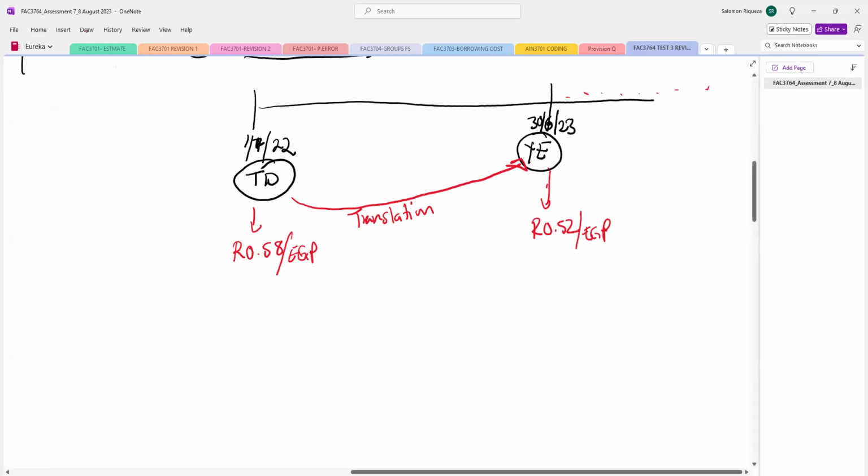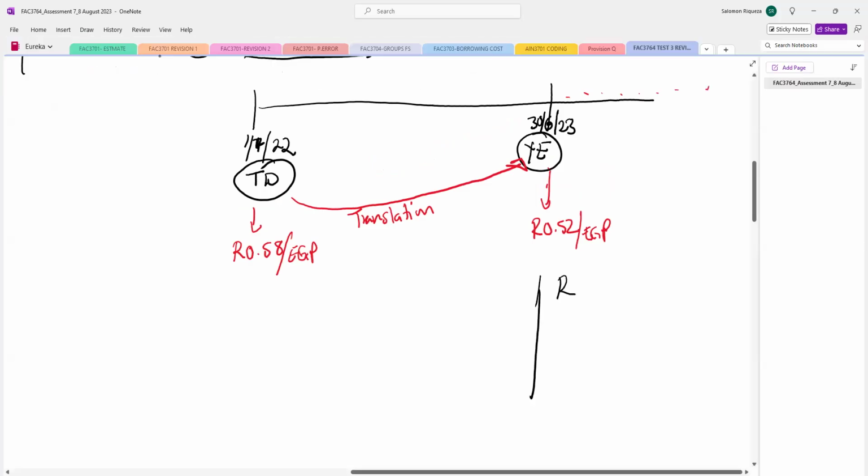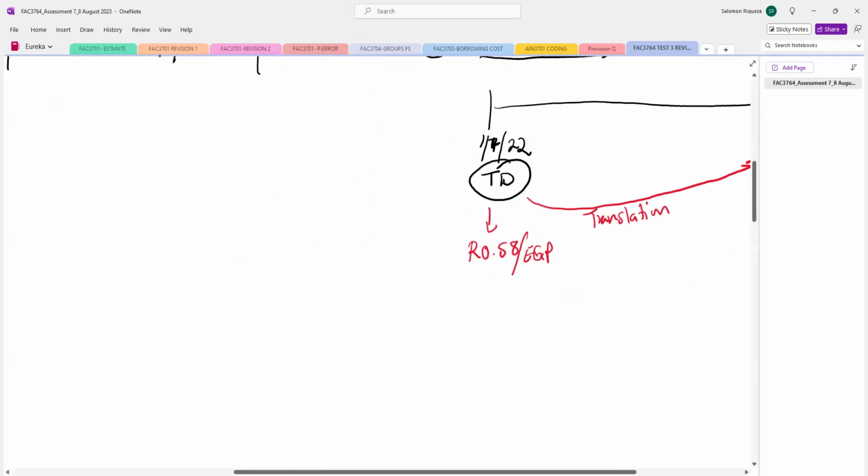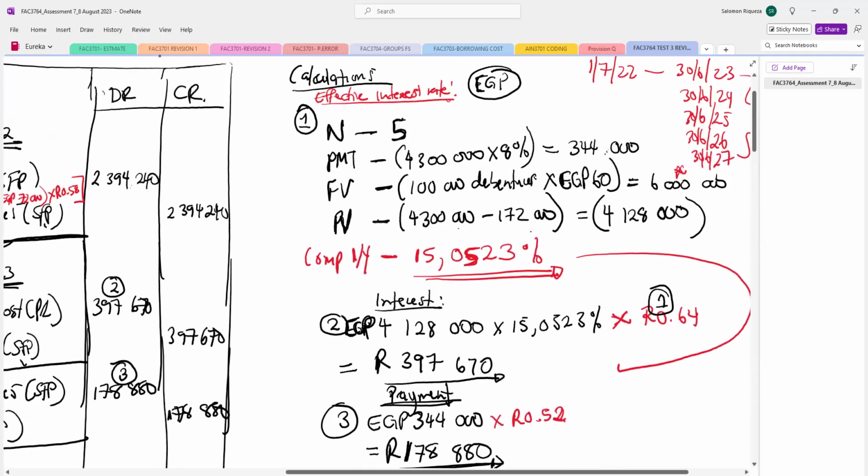Let me do this way. I'm going to start with my balance. Initially, if you check, I accounted for my Egyptian pounds. Where is it? There it is.